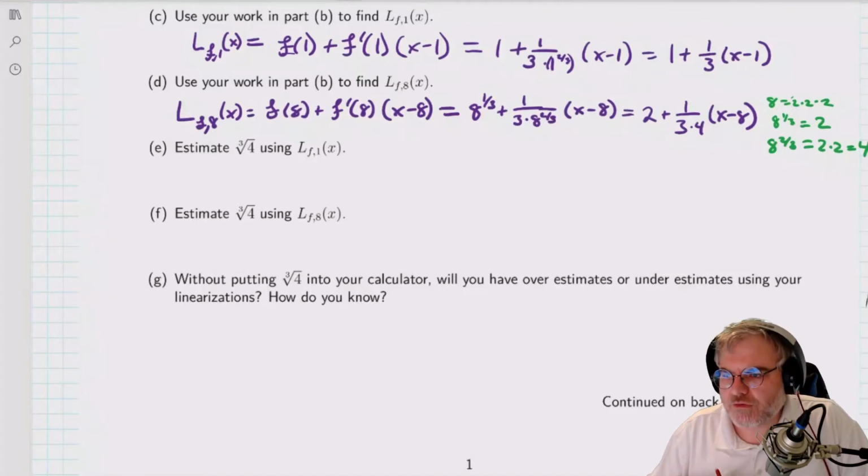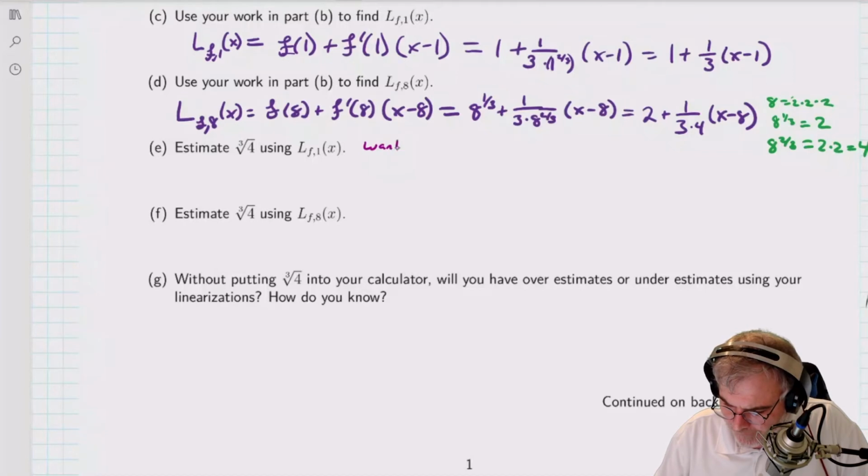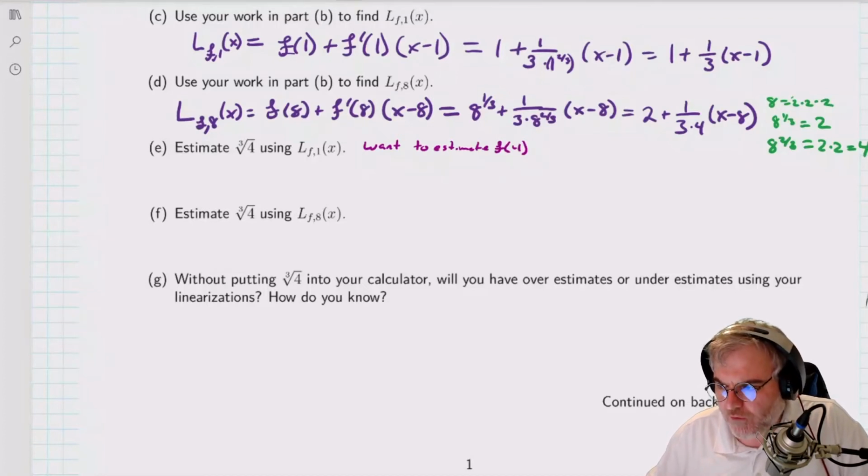All right. So now what I want to do is, notice, I don't want to estimate f of the cube root of 4. I want to estimate f of 4. Okay?